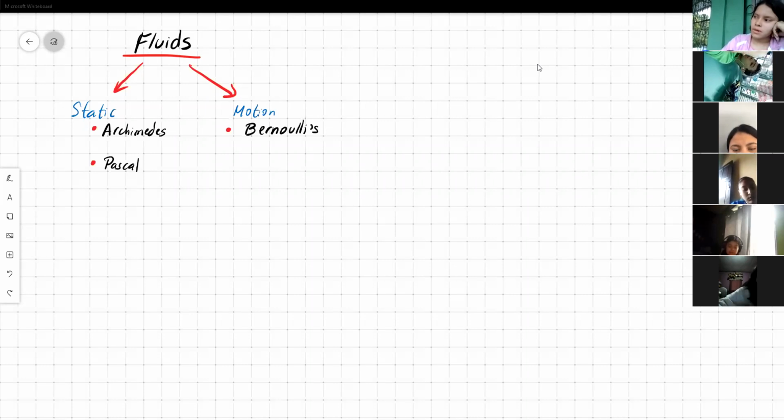If it's motion, we're going to consider Bernoulli's principle. So for this, we're going to go into the third law, that is Bernoulli's principle. And we're going to focus on this equation. That is continuity equation.